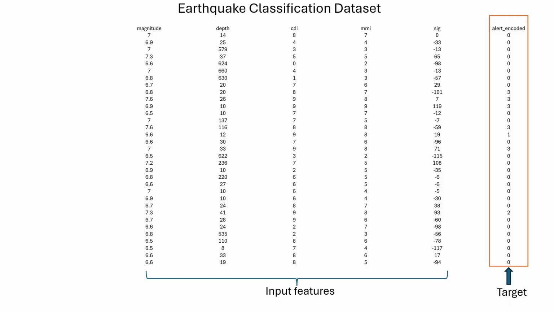The target variable alert indicates the final issued alert level, green for minor events, yellow and orange for moderate to strong ones, and red for severe cases. Together, these features provide a rich basis for modeling how physical and perceived intensity translate into real-world alert categories.